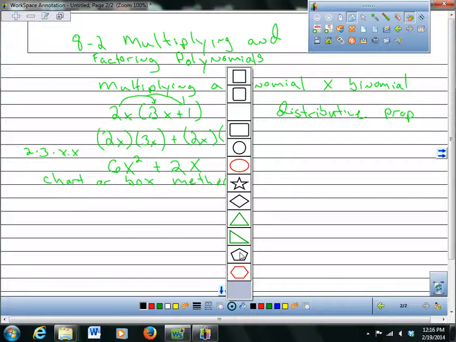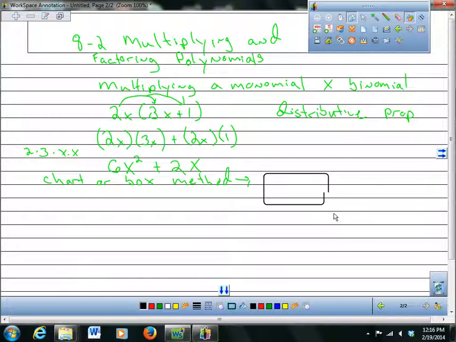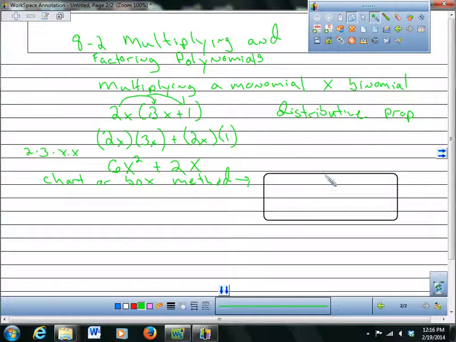Okay? And I'm going to take this box and divide it up into just 2 sections in this case. And since I'm multiplying 2x times 3x plus 1, I'm going to put 2x over here times 3x plus 1 over here.